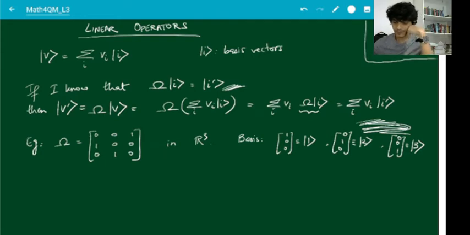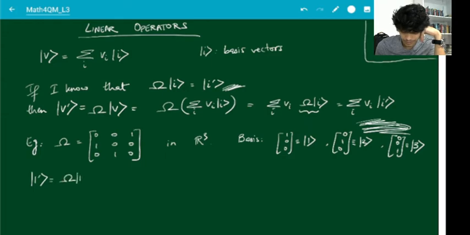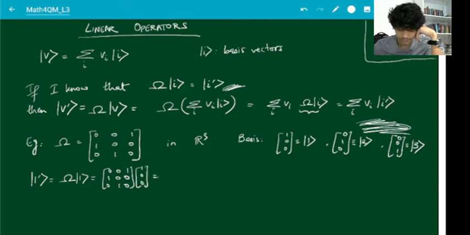So let us find first what is |1'>, |2'>, |3'>. So |1'> is just omega operating on |1>, which is the matrix 0, 0, 1; 1, 0, 0; 0, 1, 0 operating on 1, 0, 0. This turns out to be what? 0, 1, and 0. Very good.